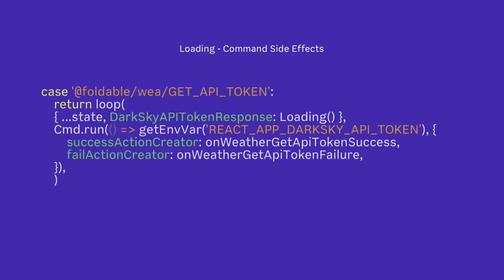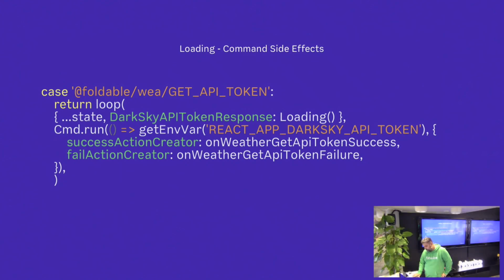So again, we're going back to the same example I had before. And now I'm calling loading. The way that Redux-loop works is this is how I'm changing the state, right? I'm saying, let's run the command, and I'm going to change the state going into it. So basically, I'm saying now we're loading.